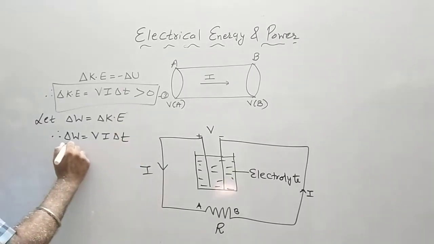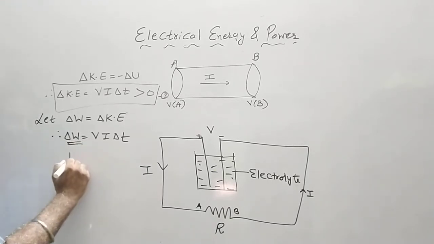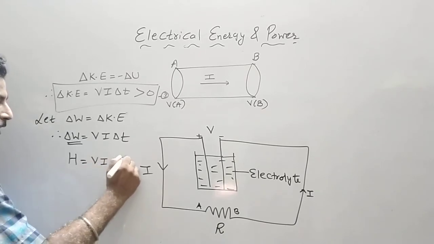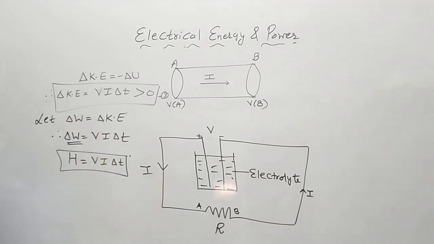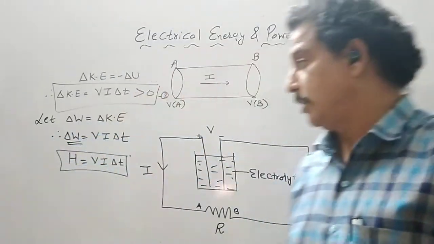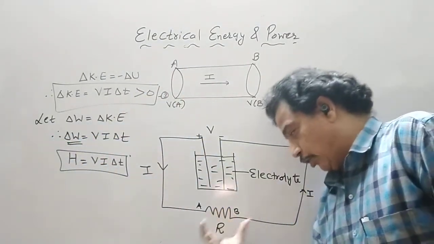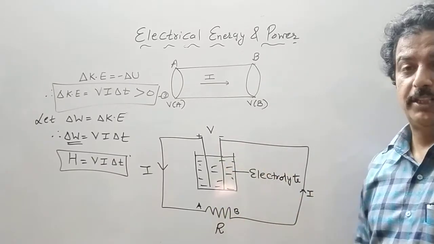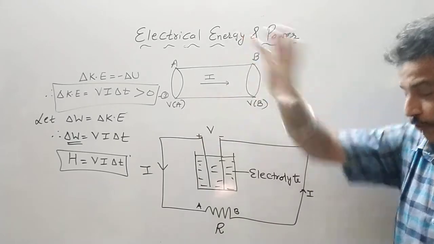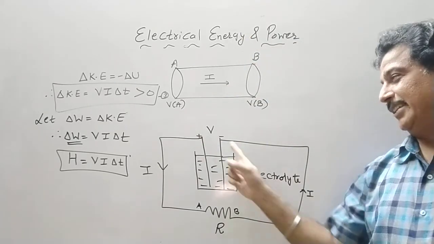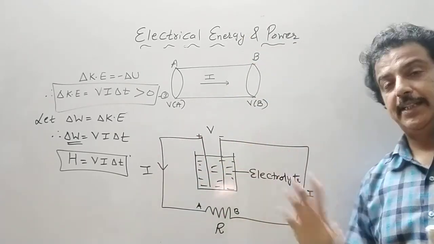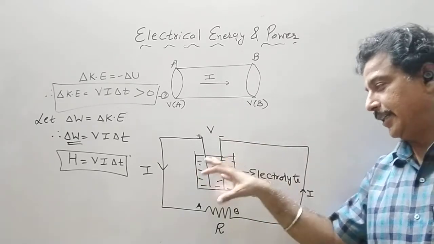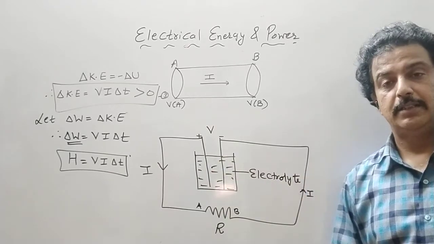This work done is equal to the heat energy, that is V I delta T. So this much heat energy is produced across the conductor or a resistor having a potential difference V. So if V is the potential difference of the electrochemical cell, we assume the resistance of the wire is negligible, and later on we will see that a cell also has an internal resistance.